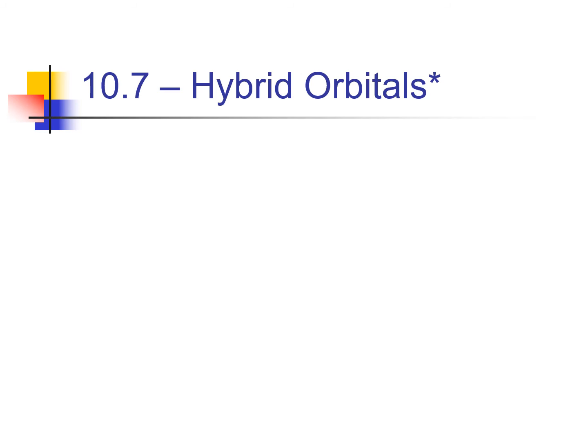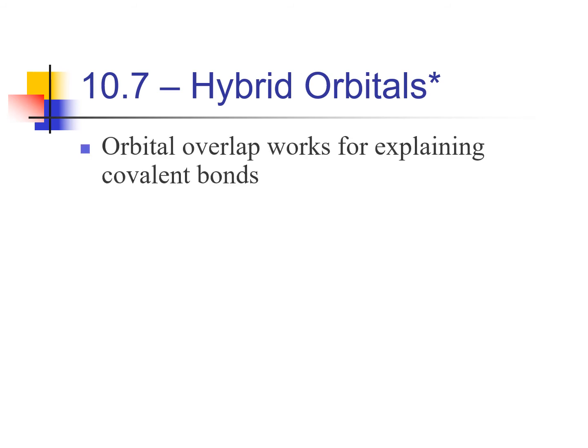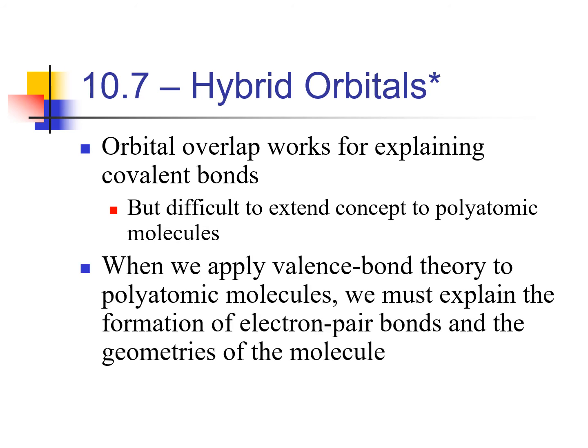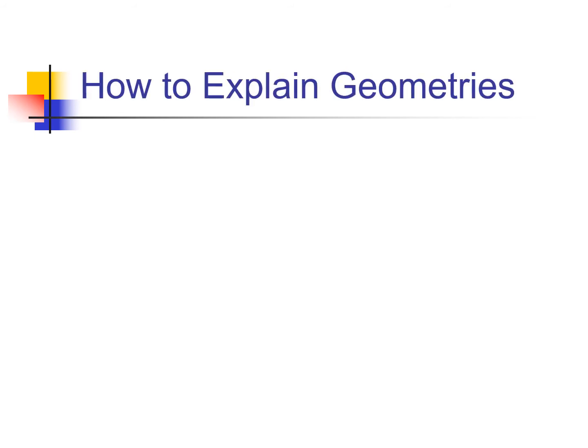Now in section 10.7, we're going to look at something called hybrid orbitals because it gets a little bit more complex than just orbital overlap. So again, orbital overlap works for explaining covalent bonds, but it's difficult to extend to polyatomic molecules or more complicated molecules. Now, when we apply valence bond theory to polyatomic molecules, not just polyatomic ions, polyatomic molecules, we must explain the formation of these electron pair bonds and the geometries.